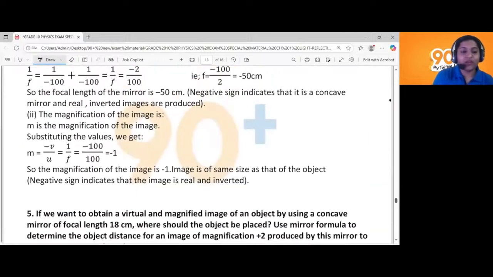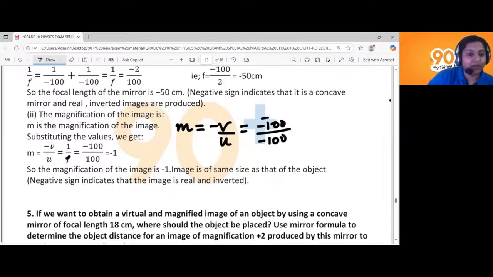Here the magnification is minus v by u, and we know that u is minus 100, v is also minus 100. So magnification is equal to minus v by u, which is minus 100 divided by minus 100.